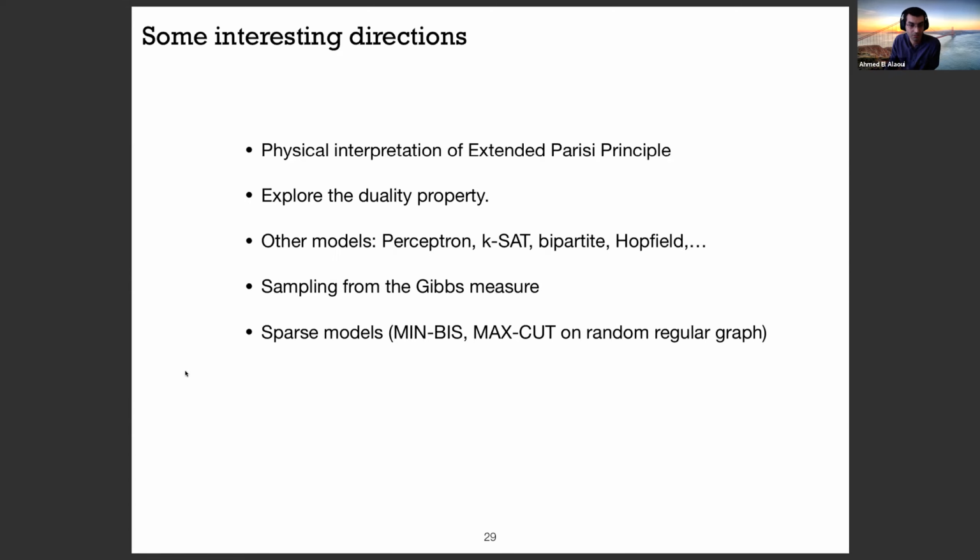And the next frontier here is sparse models. So I talked about fully connected models, or dense models at least. When you look at sparse models, for instance, spin systems on random regular graphs or sparse Erdős-Rényi graphs, by sparse I mean average degree which is constant, then there is an ultrametric structure that is expected for these types of problems in the same vein as the one that I showed you.